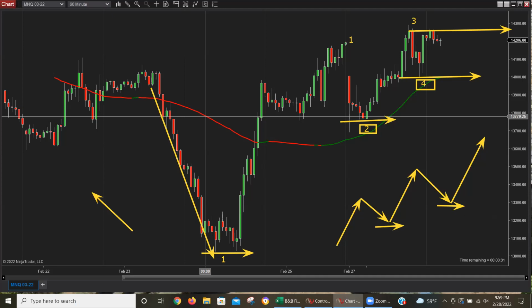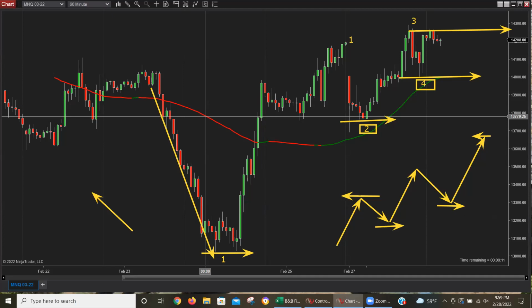So in order to have a wave 3, in this uptrend, it has to create a full body above wave number 1. In order to have a wave 5, wave 5 has to create a full body above wave number 3.